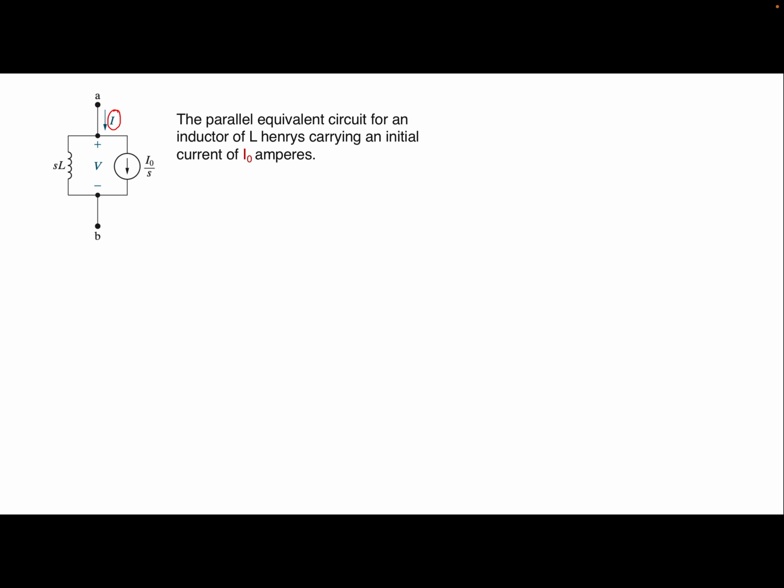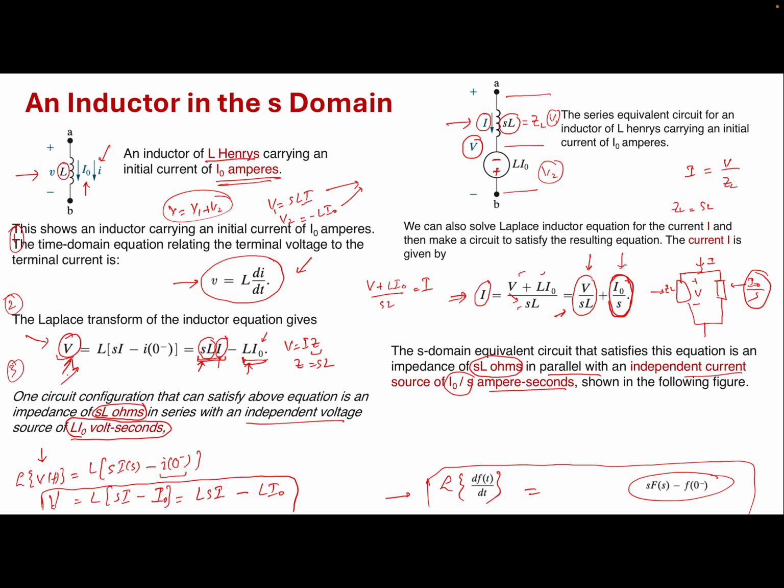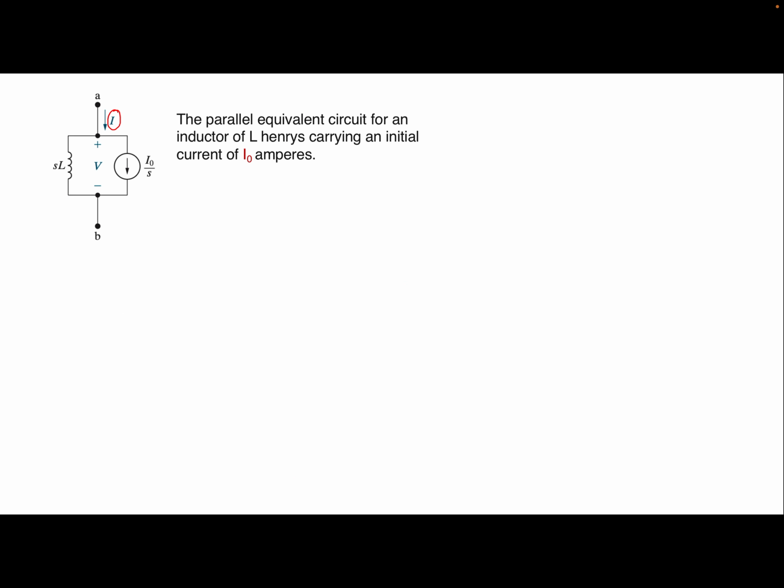It gets divided into two parts, V over SL and I naught over S, as you can see from this equation. So I can model this as the voltage divided by the impedance plus the current flowing over here, I naught over S.